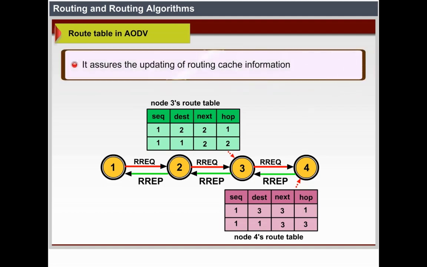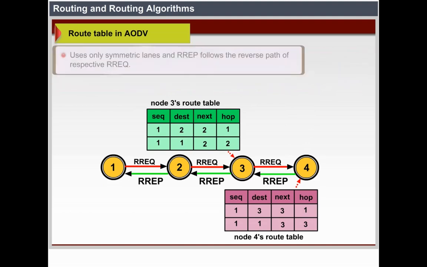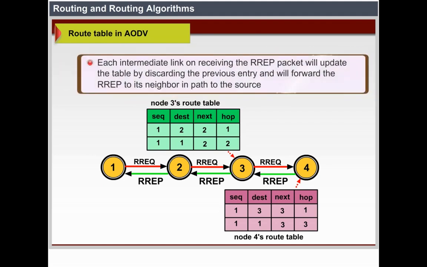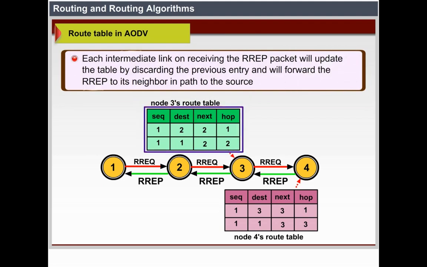It guarantees the updating of routing cache information. It uses only symmetric links and the RREP follows the reverse path of the respective RREQ. Each intermediate node on receiving the RREP packet updates the table, discarding the previous entry, and forwards the RREP to its neighbor in the path to the source.